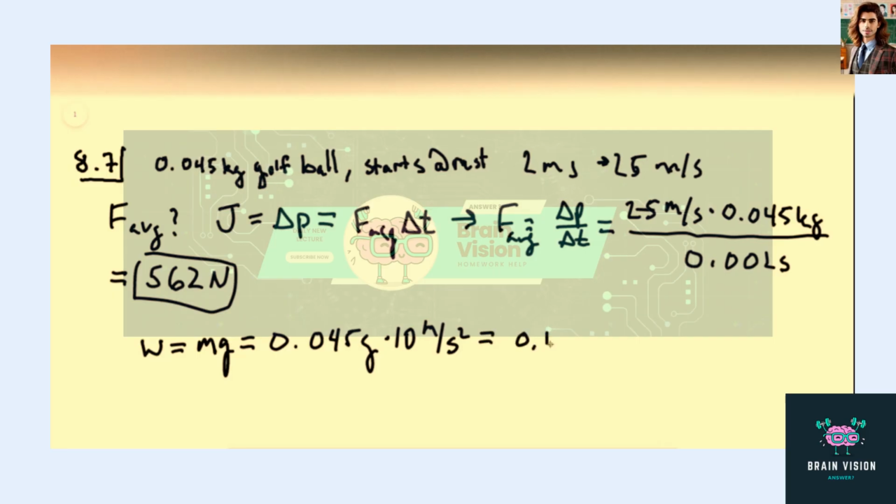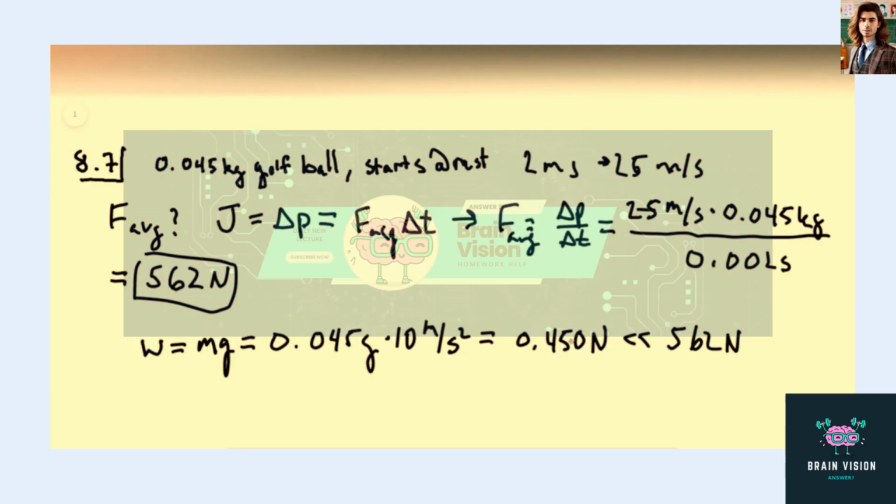And this is less than half a Newton. Considering that this is very small compared to the answer we got, assuming that the weight didn't matter, then making that assumption works, because this is gigantic compared to this.